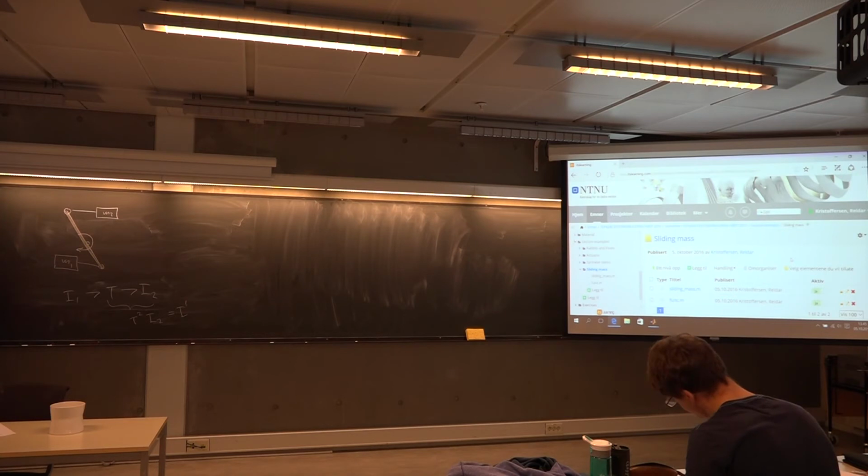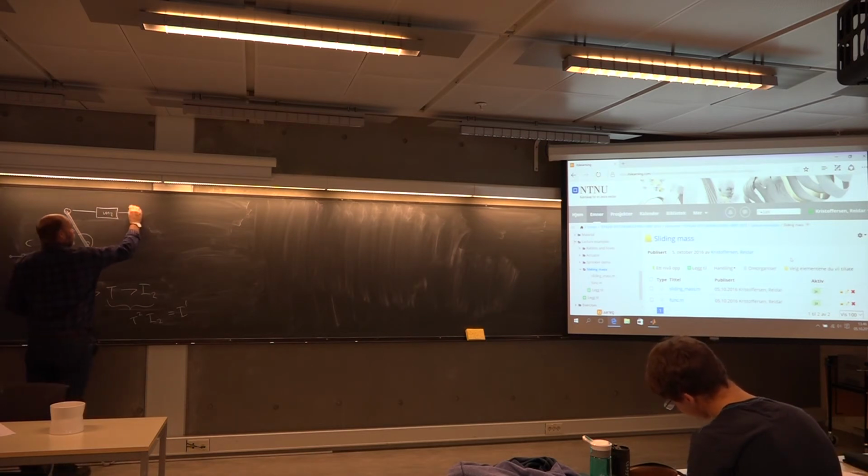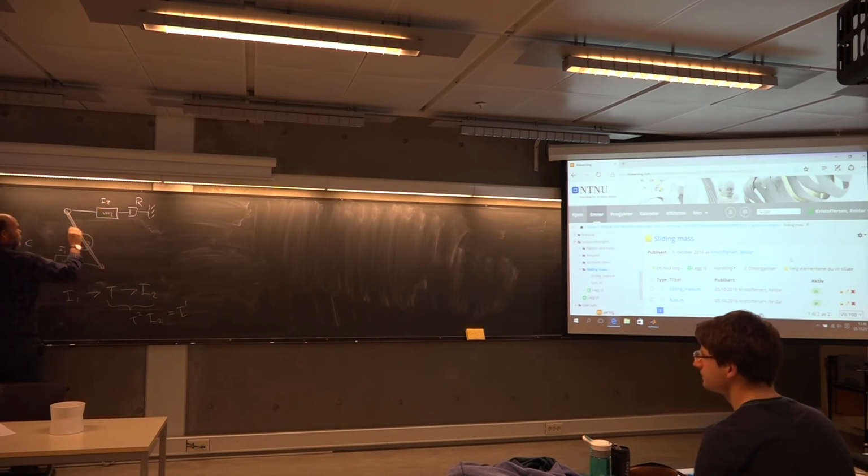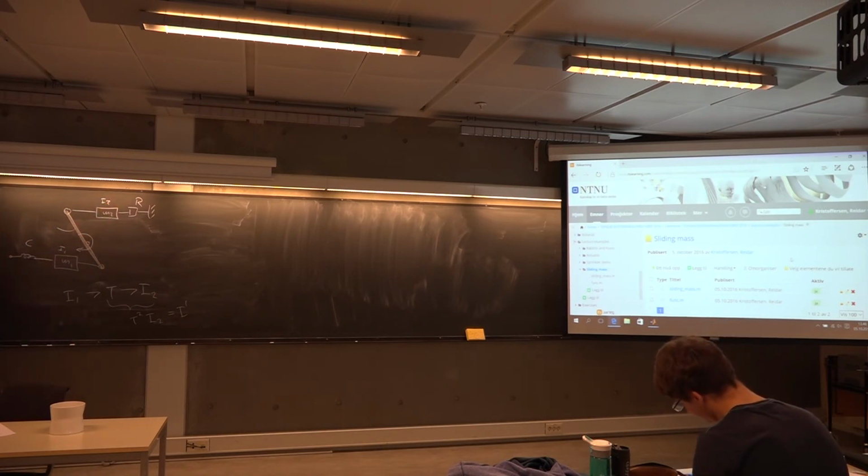So now we actually have to expand the problem quite a lot. So let's try. This was a C element and then a damper. And I had inertance 1, inertance 2, and here I now need some rotational mass.